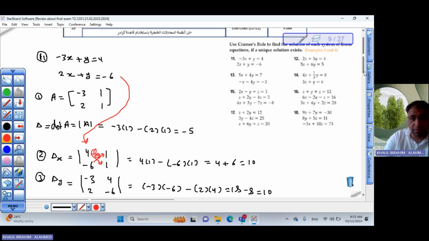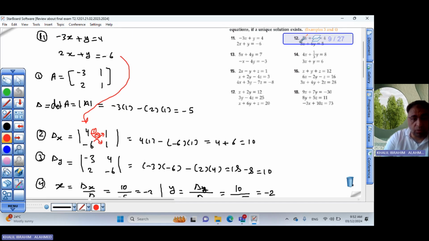In the same way, also find the determinant of y. Determinant of y, okay, also here, as you see, we take the constant numbers and replace the coefficient of y.